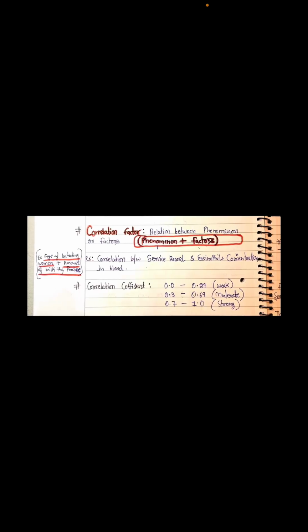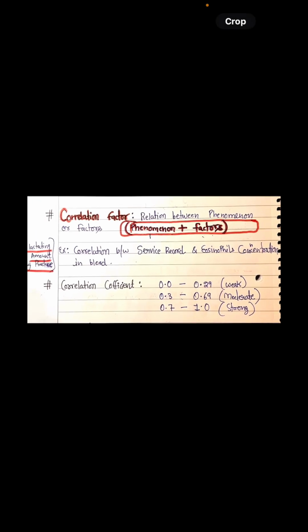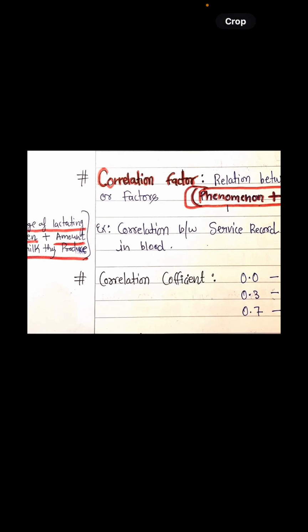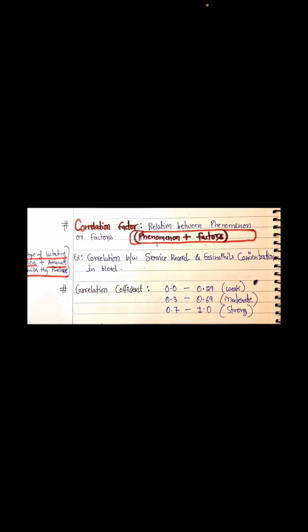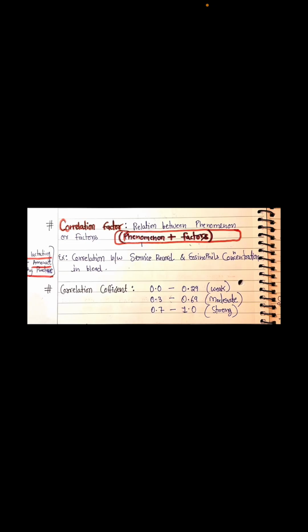Next important thing is the correlation factor. Correlation is the relation between the phenomenon and the factor. A factor, for example, is age. A phenomenon, for example, is blood pressure. Or the correlation between the service record and eosinophil concentration in the blood: eosinophil concentration is a phenomenon and service record is a factor.